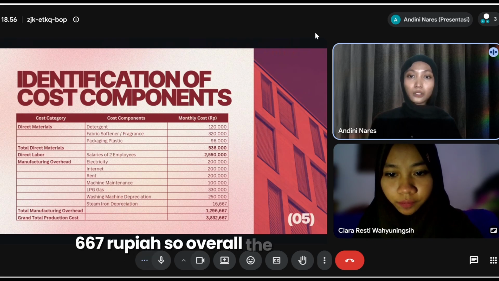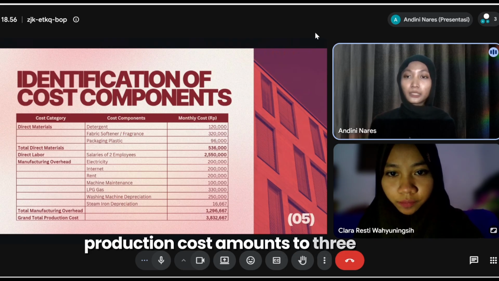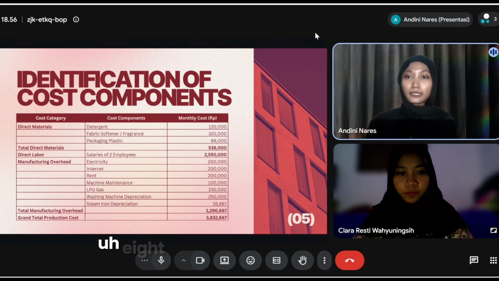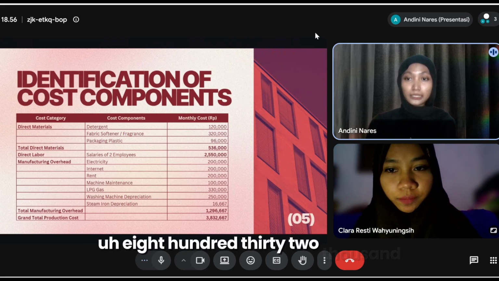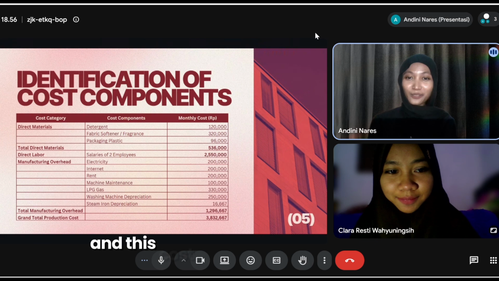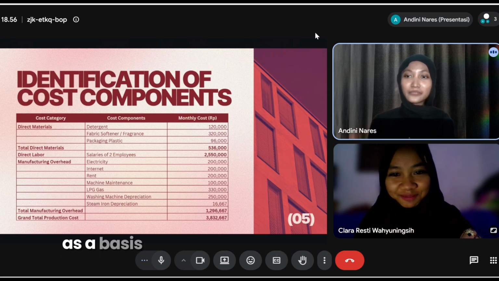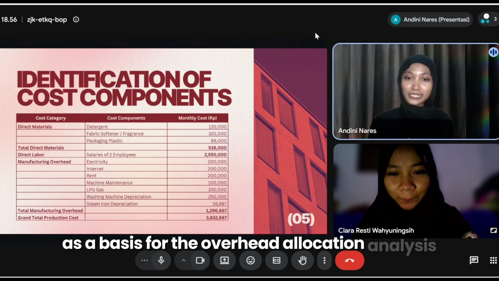So overall, the total monthly production cost amounts to 3,832,667 rupiah. And this cost classification is important because it serves as a basis for the overhead allocation analysis.